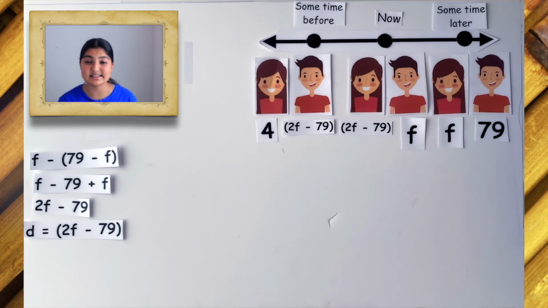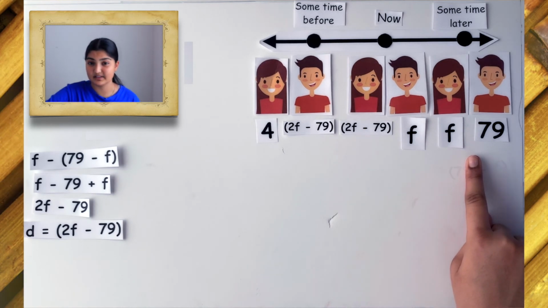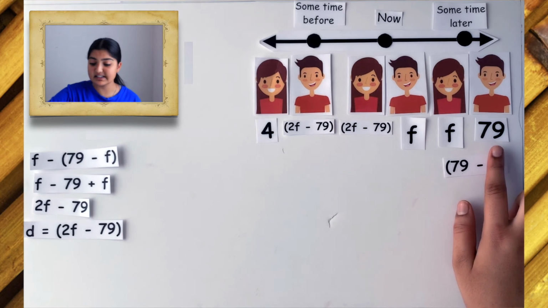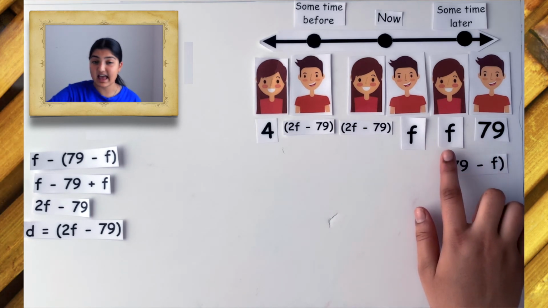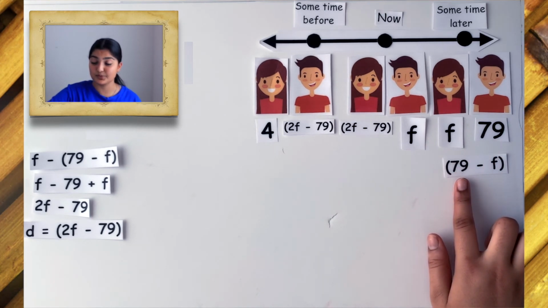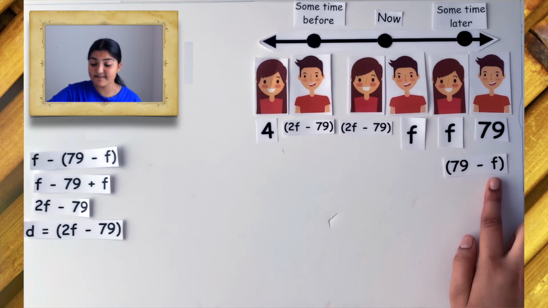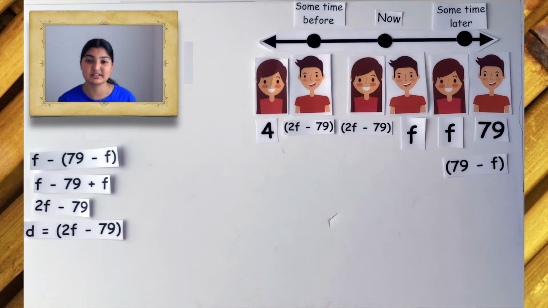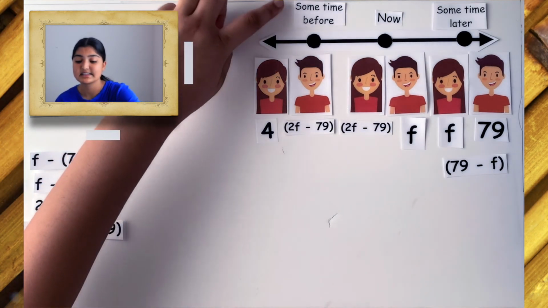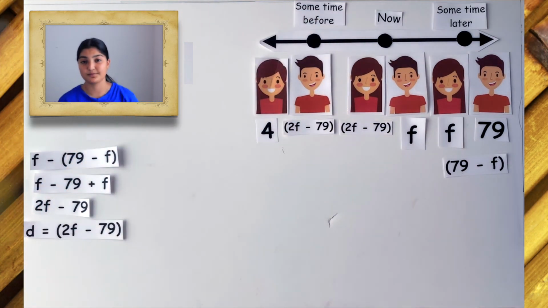So, let's do that. We already know the difference in their ages sometime later. 79 minus f. 79 is the father's age, and f was the daughter's age. So now, let's find the difference in their ages some time before.